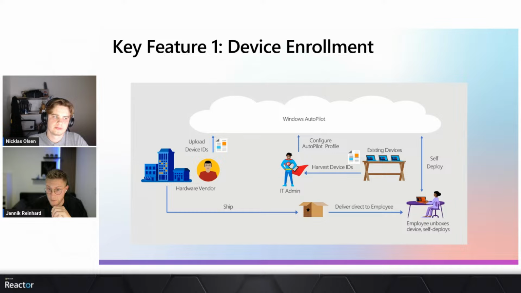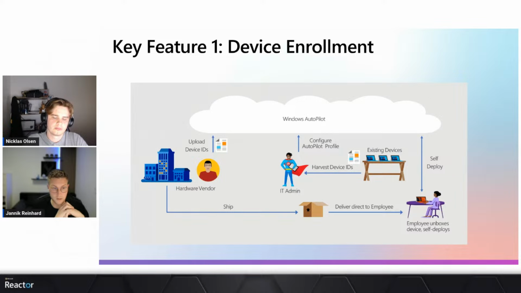Then the vendors ship these devices, but the big difference, also if we look at the picture Niklas showed you at the beginning, is that they don't ship the devices to the IT department. They can ship these devices directly to the home office, for example, of a user. The user powers this on, and then the journey starts.